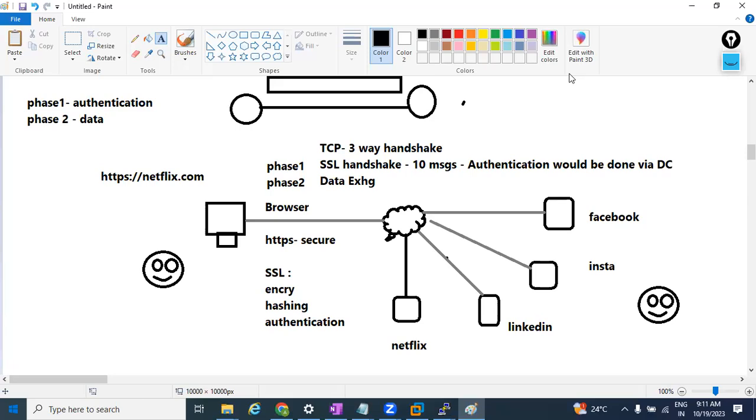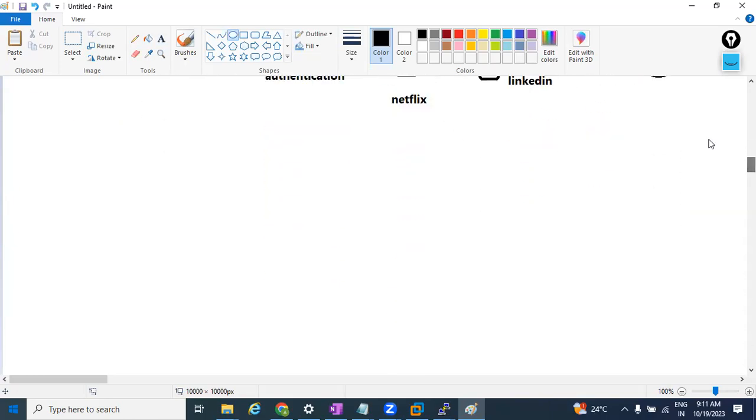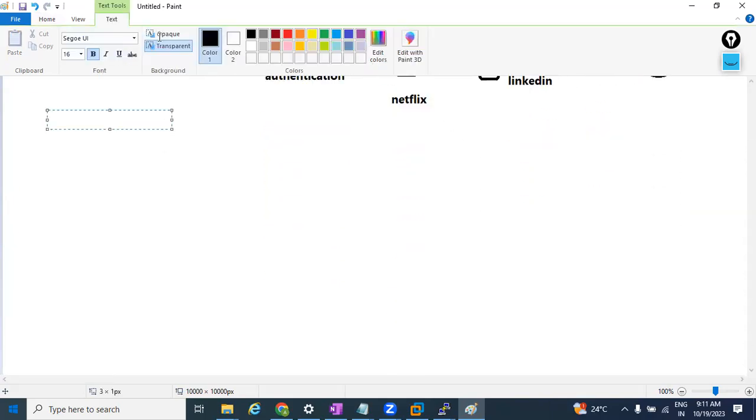Done? This one is done. Now see, so we have to arrange what here first of all? Digital certificate. Okay, because now both the sides. So now see, in SSL we have one concept here. In SSL, once it starts there would be authentication, and that would be via 2 ways.